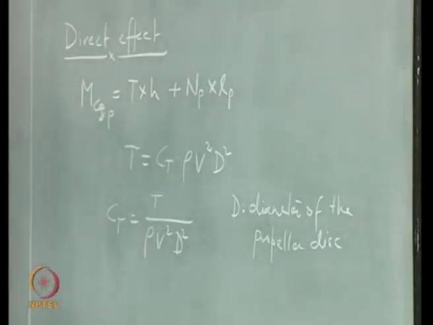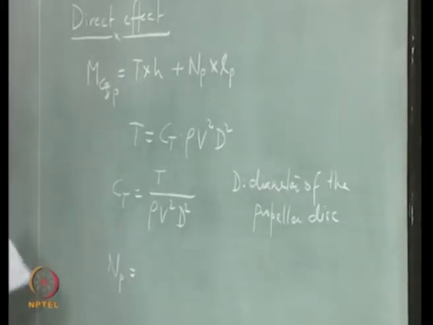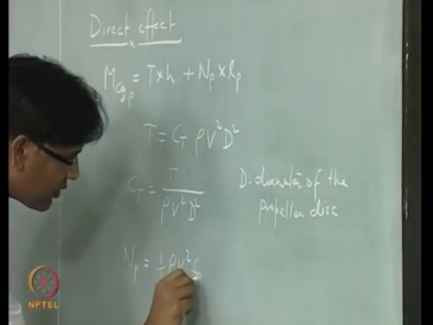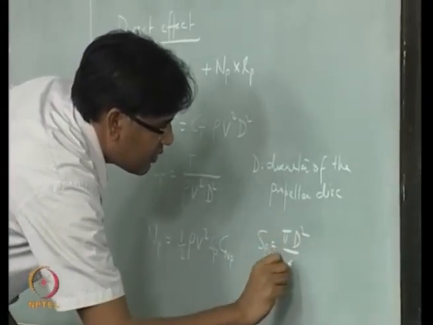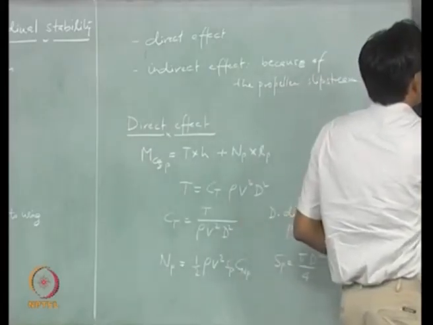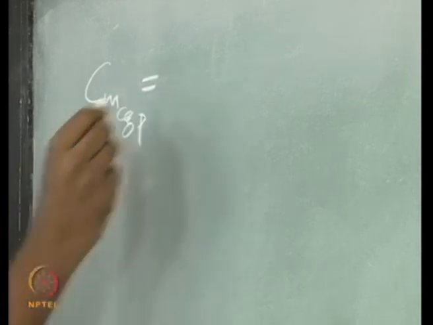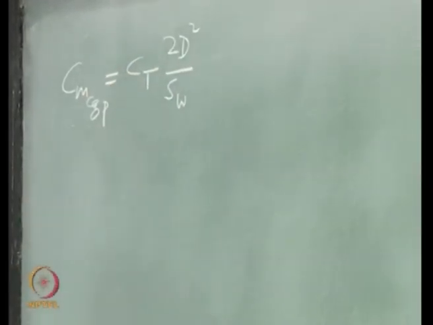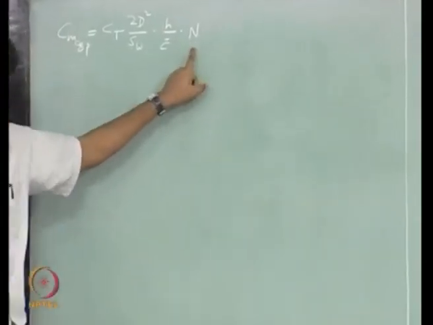Let us also define this Np. Okay. So, now I can write everything in terms of these coefficients, and I will find an expression which is this, into n, where this n is the number of blades.